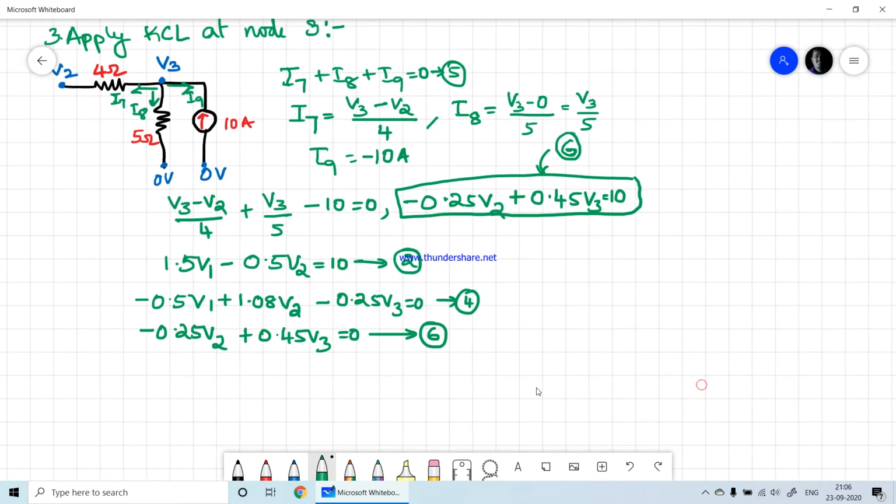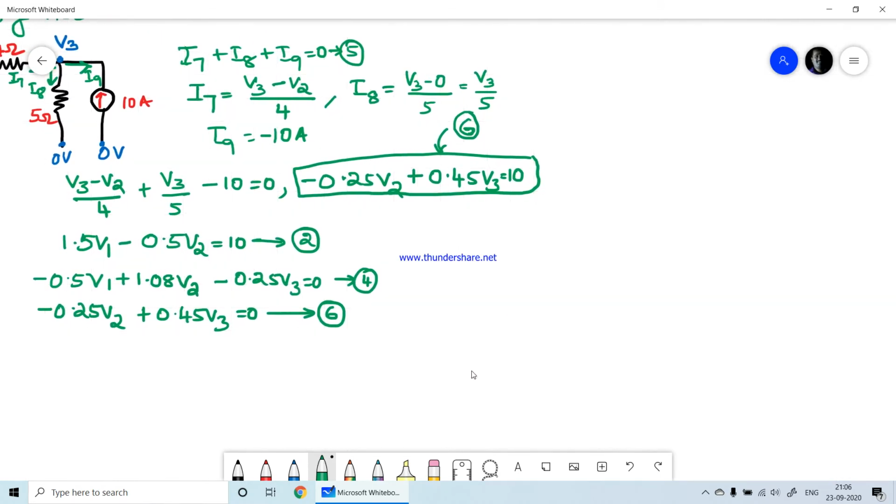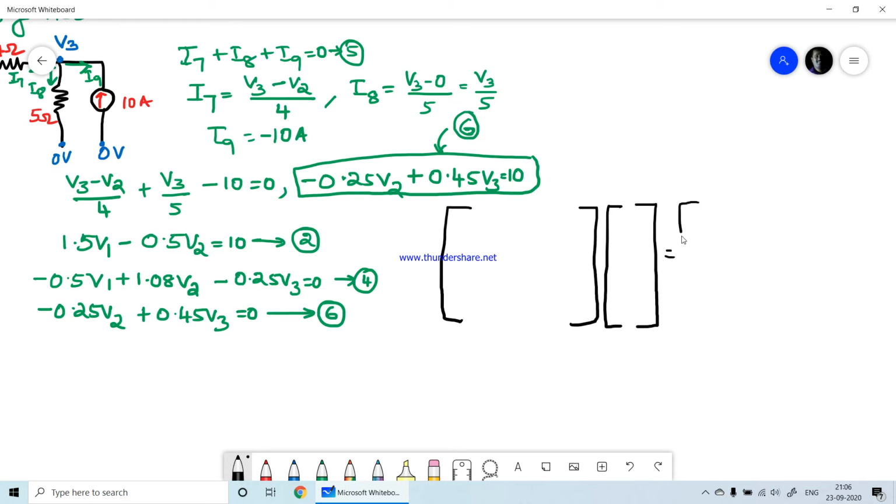Now we will write the matrix equivalent of these equations to apply Cramer's rule to find the solution. Matrix equation is something you all know how to write, I feel. When we have three different equations, we can easily write the matrix for them to apply Cramer's rule.